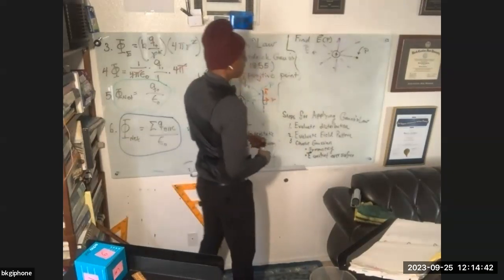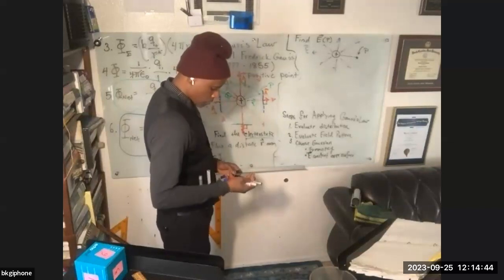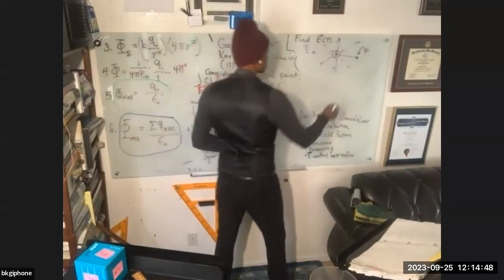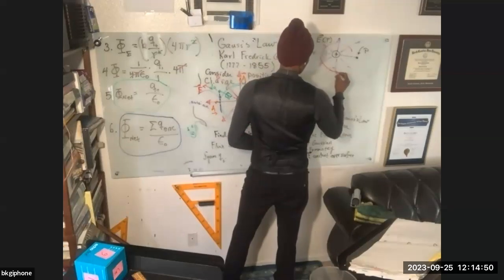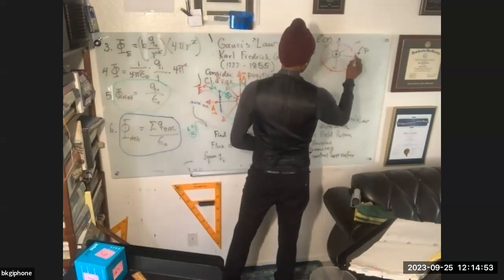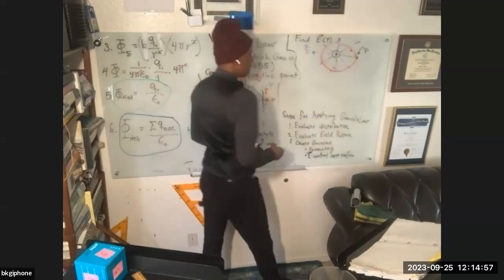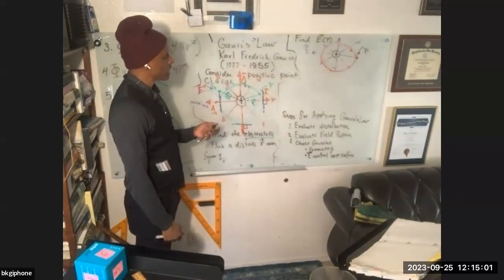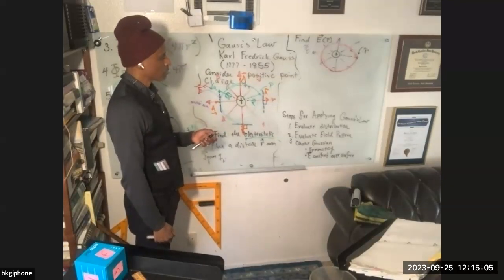Okay. So in this case, we'll make our Gaussian surface a sphere, and its radius will be r. So wherever we place the Gaussian, that's where we're going to find the field.